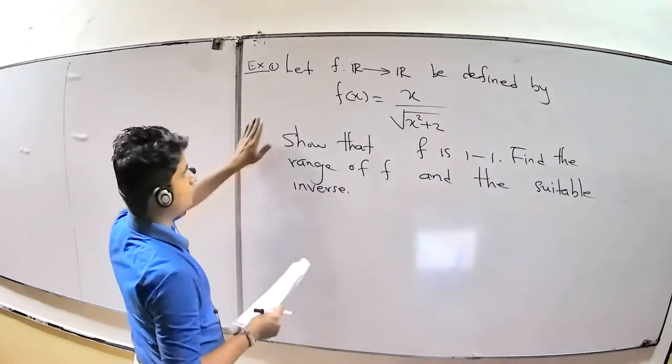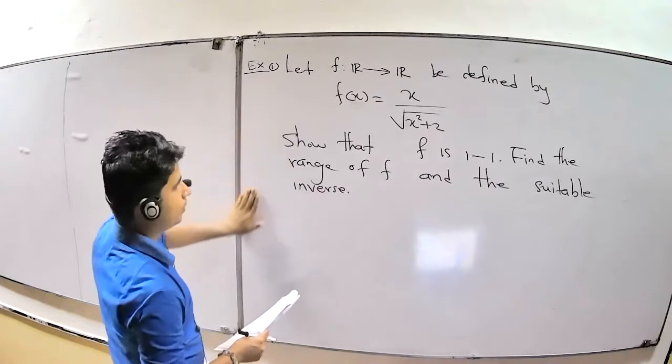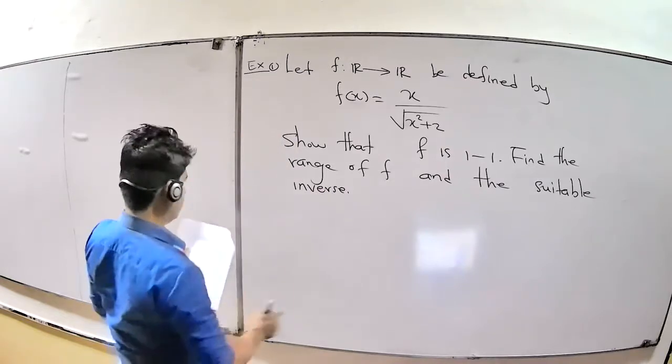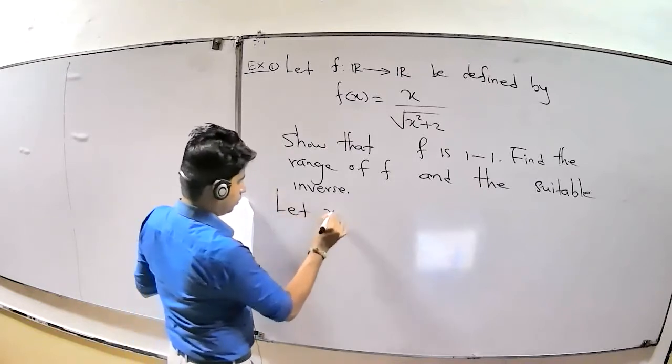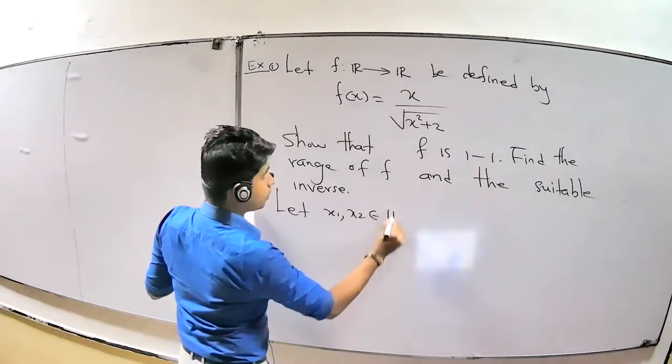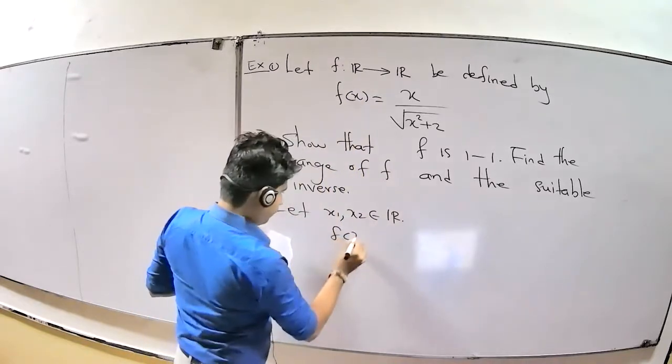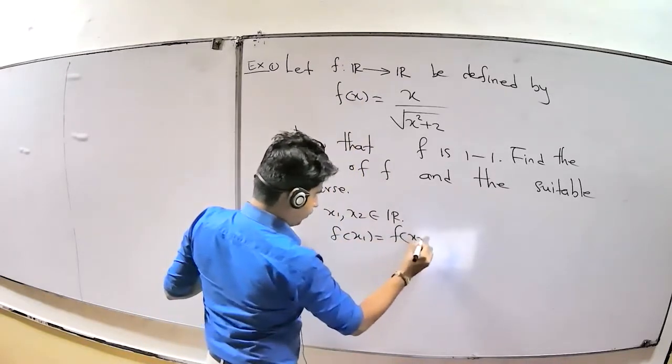Okay, first you want to show that this is a 1 to 1 mapping, then find the range of f and the suitable inverse. Let x1, x2 belong to the real numbers. Now take f of x1 equal to f of x2.